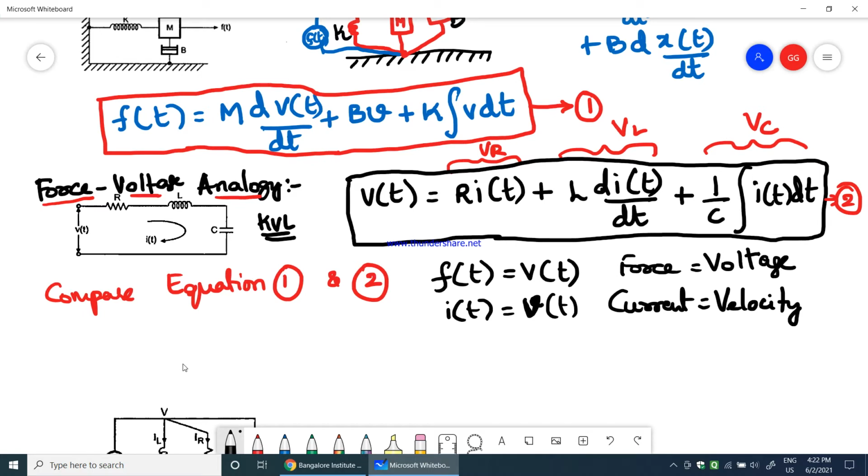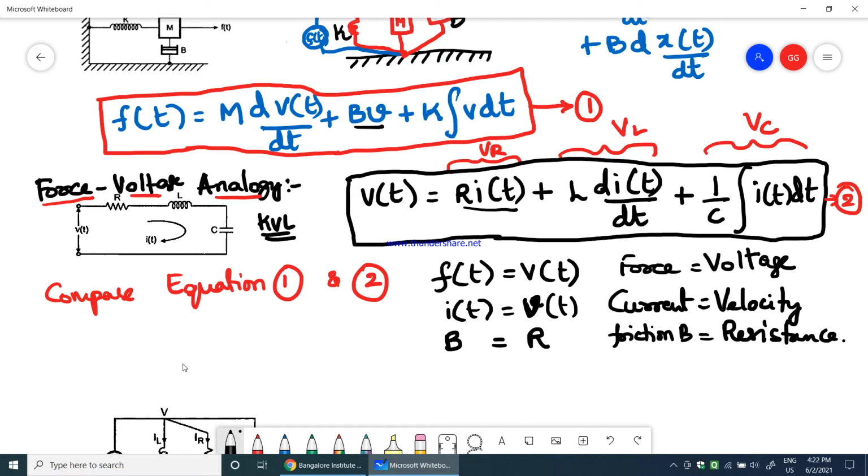Then comparing R into I of t with B into v, the like terms in both equations, I can say that the friction coefficient B behaves as a resistor in the electrical network. Friction B will behave as resistance. So F of t equals V of t, I of t equals v of t, B equals R.